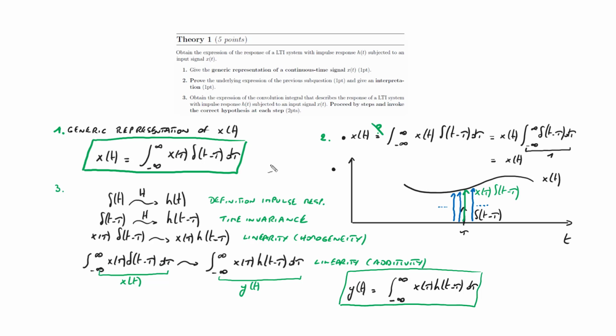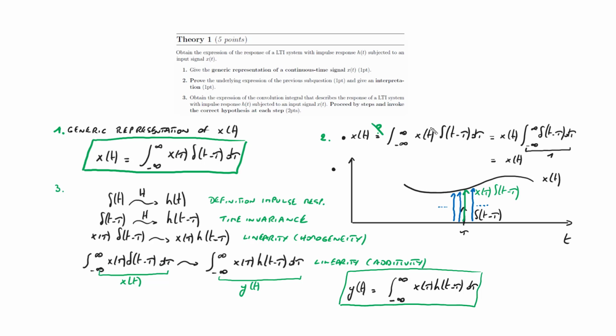So therefore you have to use the shifting property. We're working with the variable tau here. So if you use the variable tau, you can say that the delta is located in tau is equal to t. If you use the shifting property, well, you can replace tau by t, right? So instead of x of tau here we have x of t, and this is what I've written over here.